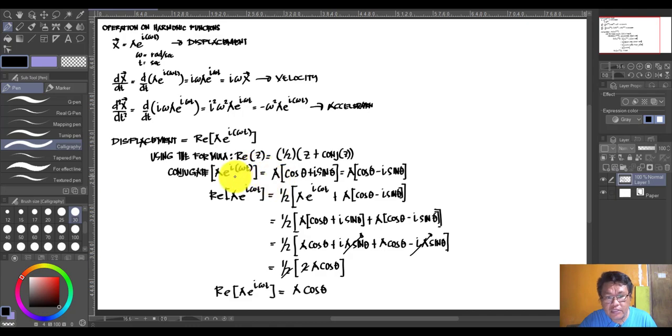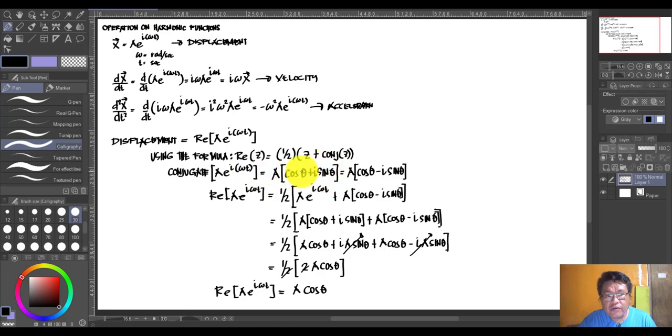Now the value of this comes from the Taylor series expansion, so we have the trigonometric identity: cosine of theta plus i sine of theta.